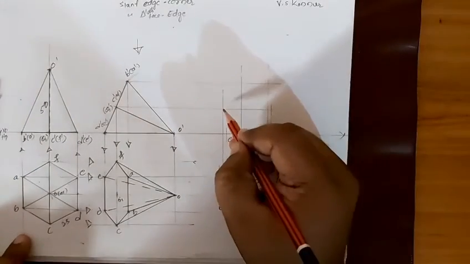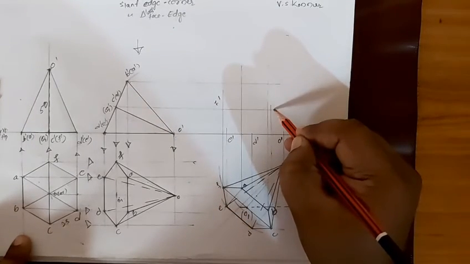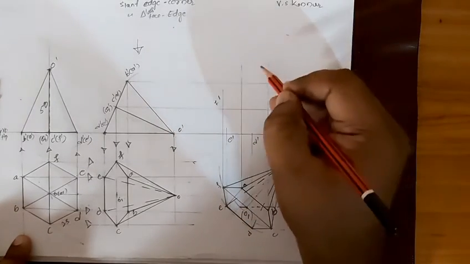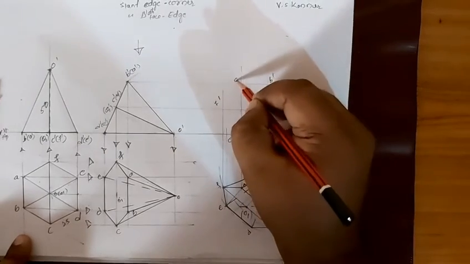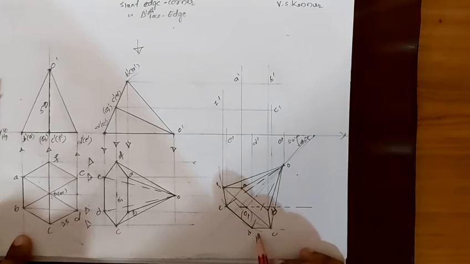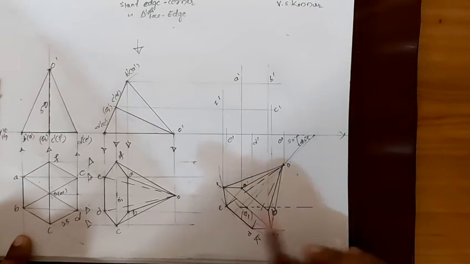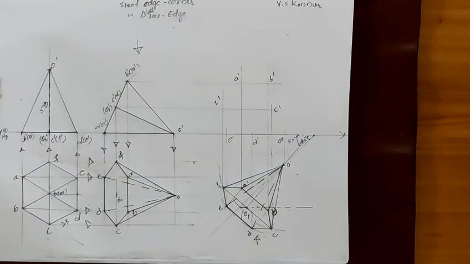So we got all the points. This point is F dash, this point is C dash, this is B dash, this is A dash. Now we got all the points. When you are viewing from this side, the points which are away from the observer, once again OF, OA, OE, we'll get again 2 or 3 points.